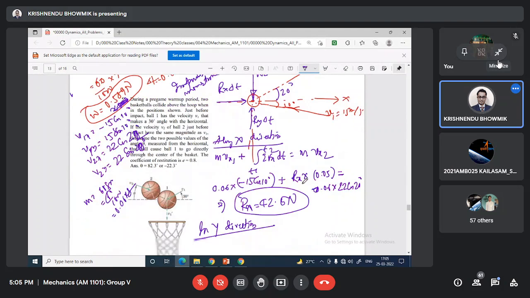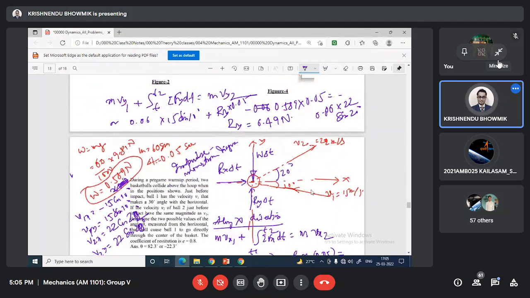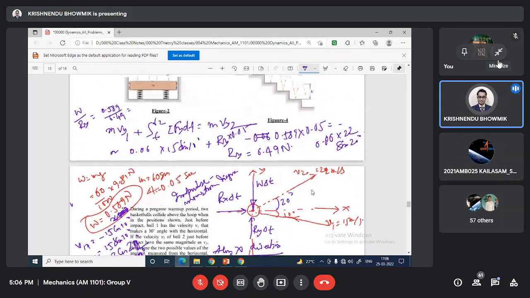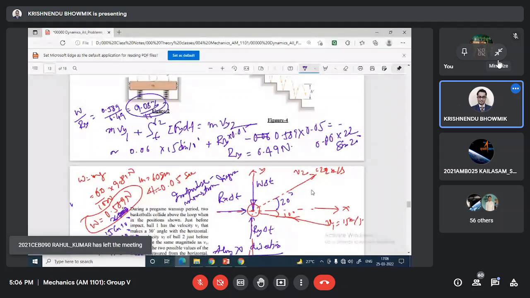Now somebody can calculate W by Ry: 0.589 by 6.4, which is 9.08%, about 9 by 100. That means in this particular problem, Ry and W are comparable.